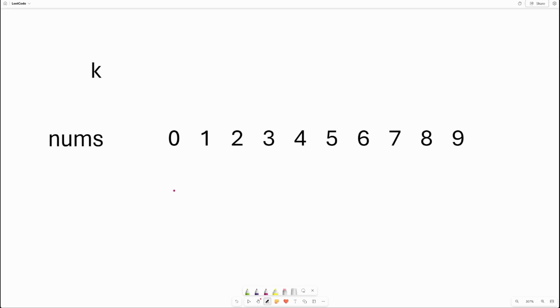After we shift the array by k steps, some element is going to end up at the end of the array. Let's assume this is the element which will end up at the end of the array. Now, instead of moving it to the end of the array, I am going to temporarily move it to the beginning by rotating this segment of the array.